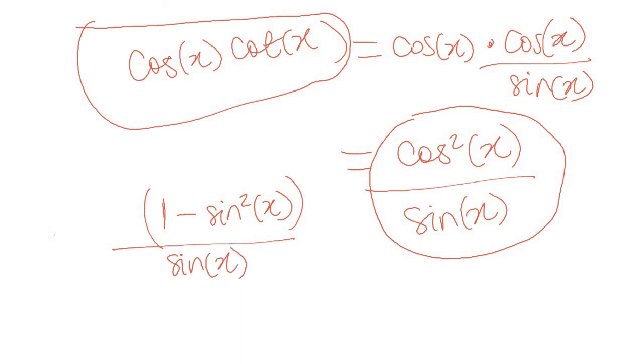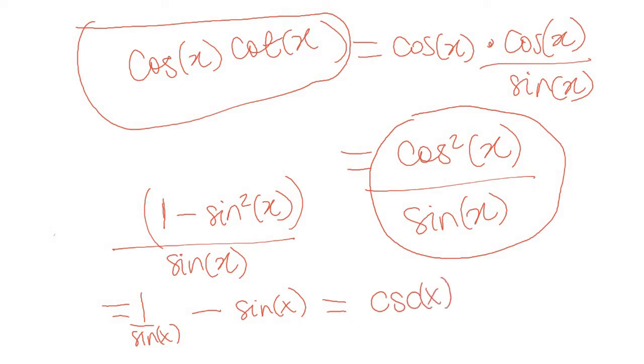So what we end up with here is going to be 1 over sine x minus sine x. So it's the same thing as saying cosecant x minus sine x. I want to see if we can play with this further.